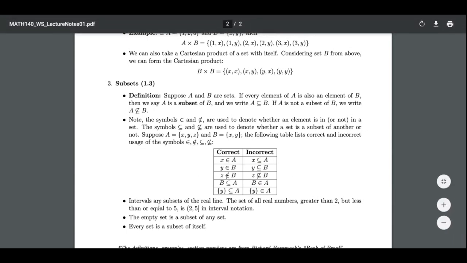And X is an element of A, so we use this notation: X is in A, or X belongs to A. We cannot say X is a subset of A. However, if we put curly brackets around X, that makes X a set, then that would be true.